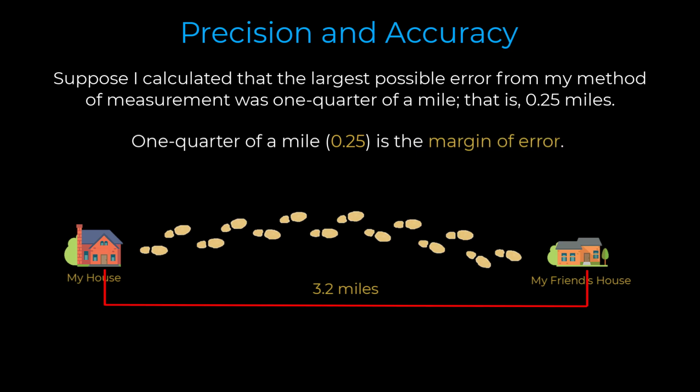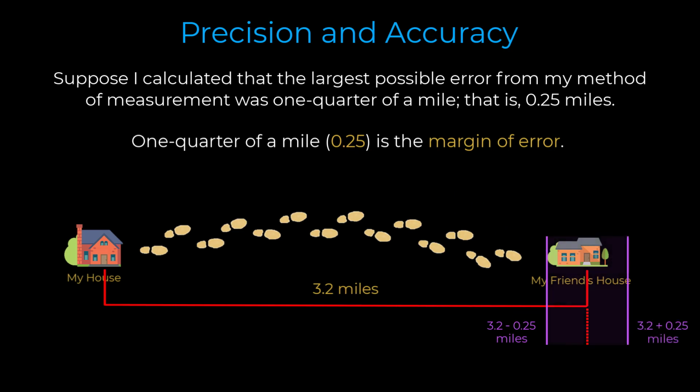It means that the actual distance between our two houses was somewhere between 3.2 miles minus 0.25 miles and 3.2 miles plus 0.25 miles. That is, between 2.95 miles and 3.45 miles.